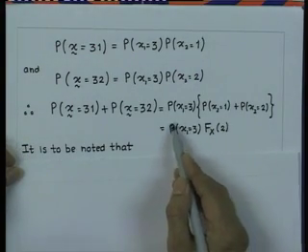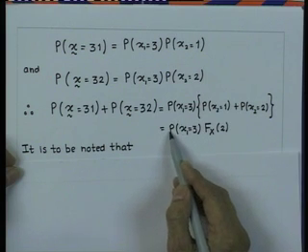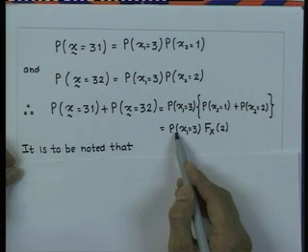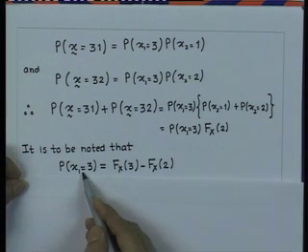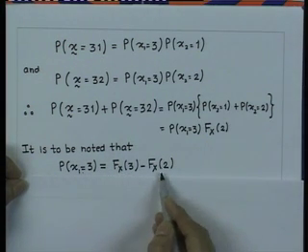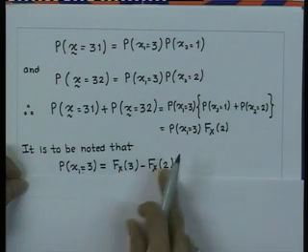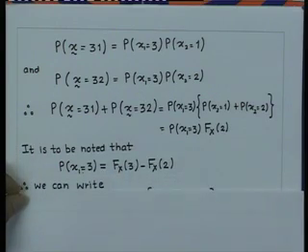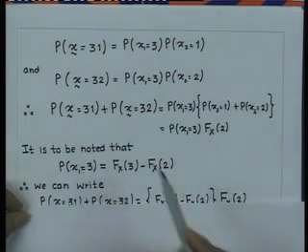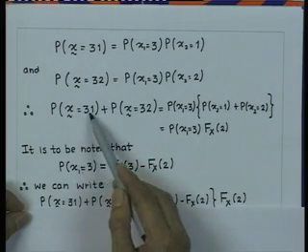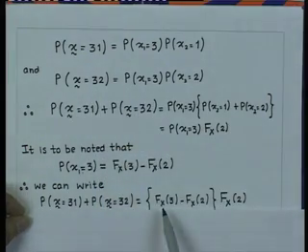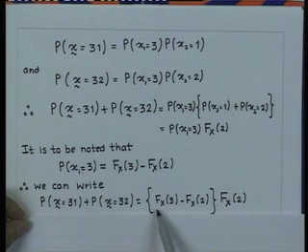Now it is to be noted that marginal probabilities, that is p of x1 equal to 3, is nothing but the difference of the cumulative distribution function. This is by definition of the cumulative distribution function, and therefore we can write the summation of probability of the sequence 3 1 and probability of sequence 3 2 as shown here.